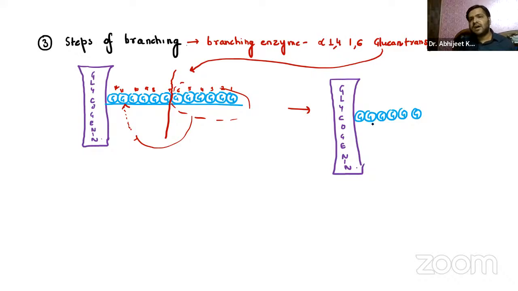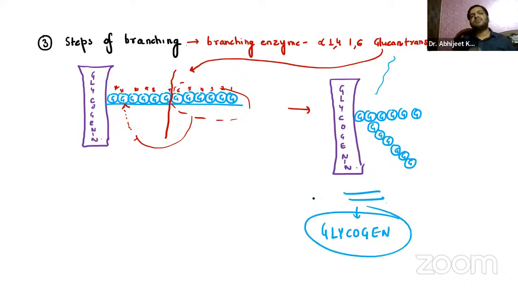To the second carbon, all these will be attached. The 6 glucose will be attached over here. So this branching is created with the help of this enzyme glucan transferase. This is how the glycogen will be formed. So that is about the steps of glycogenesis.